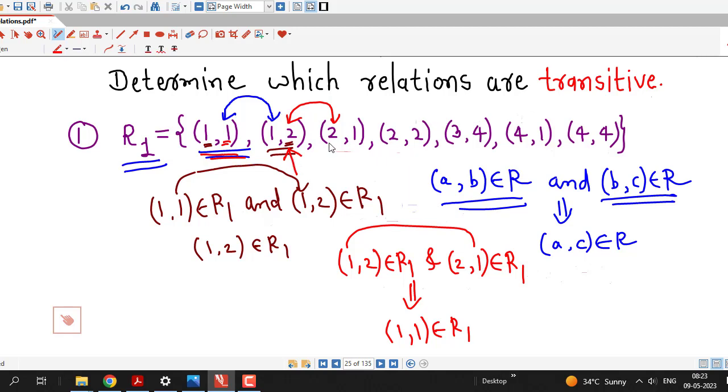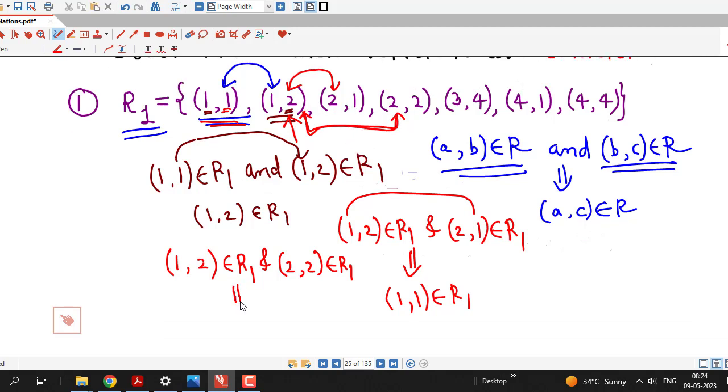Now we can check for these two pairs: (1,2) belongs to R1 and (2,2) belongs to R1. We are considering these two pairs, (1,2) and (2,2). This must imply that (1,2) belongs to R1. That is also satisfied, (1,2) belongs to R1.